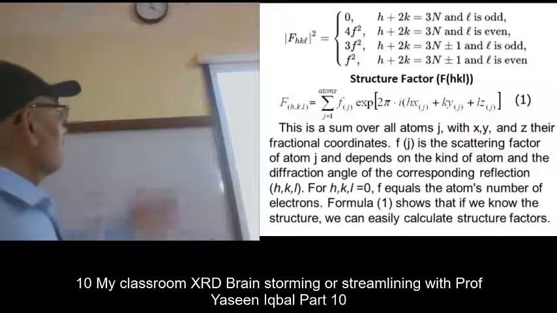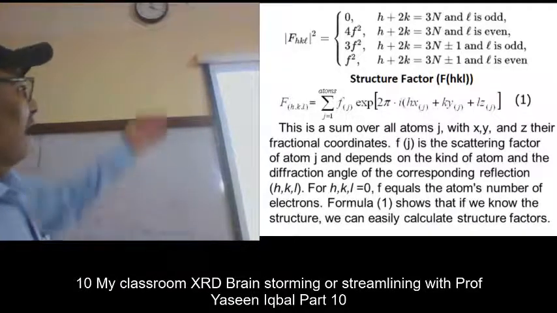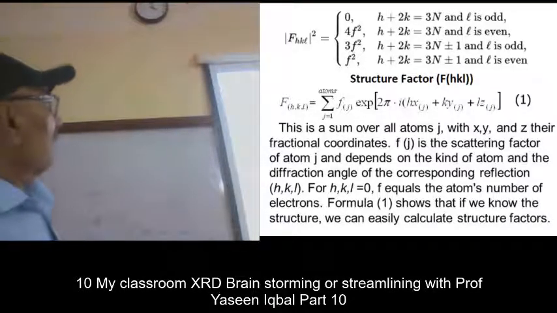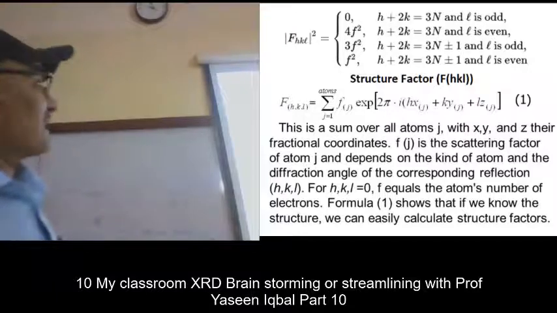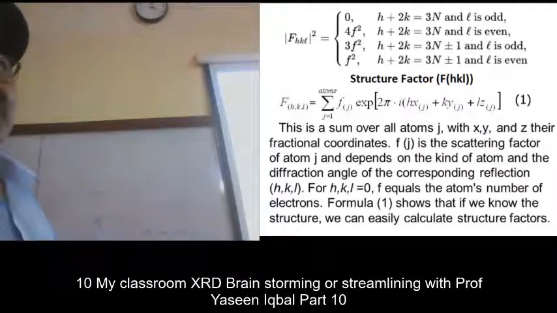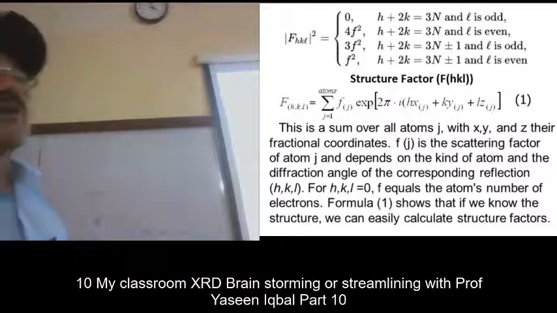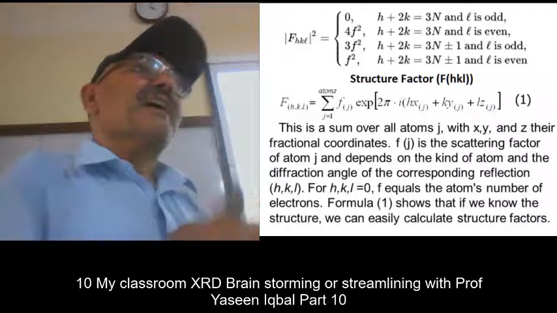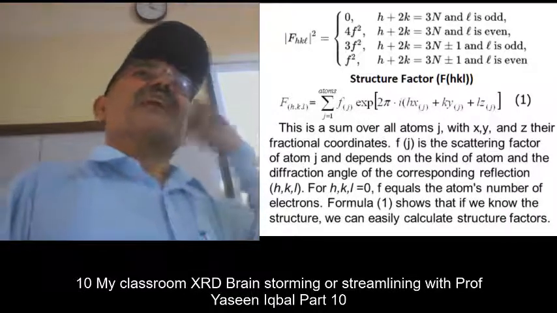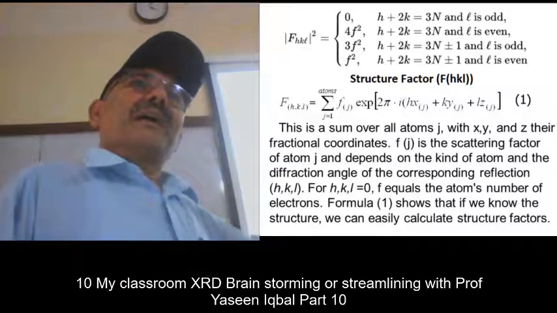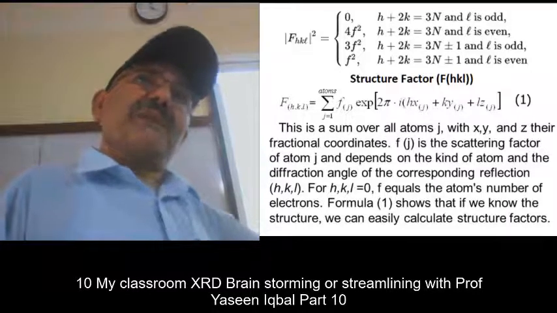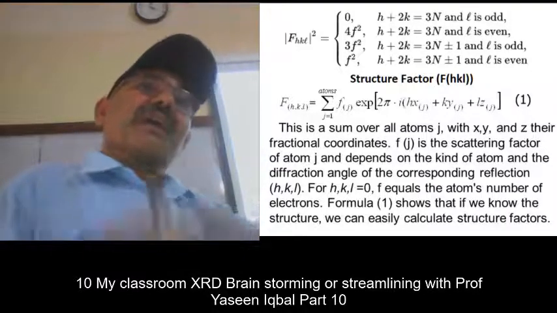right? Similarly, 3f square and f square are various choices of HKL. So their combination as well as their individuality. Individually they are odd or even, that contributes.